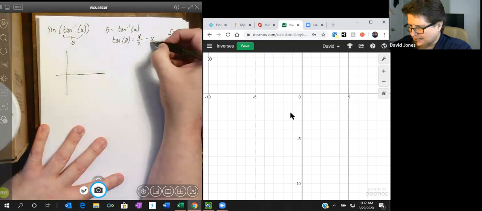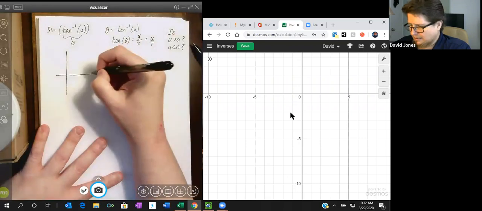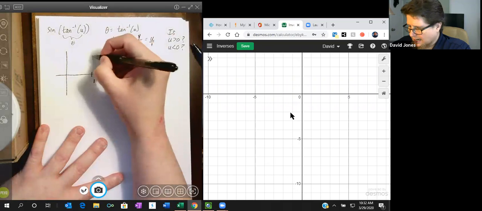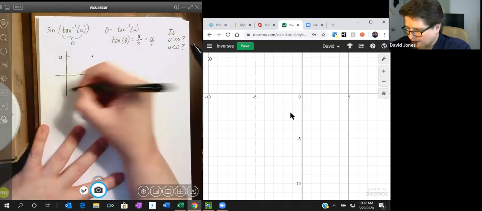If I say x equals 1, I can do it like that. And we've got a y value of u, which could be positive, it could be negative.